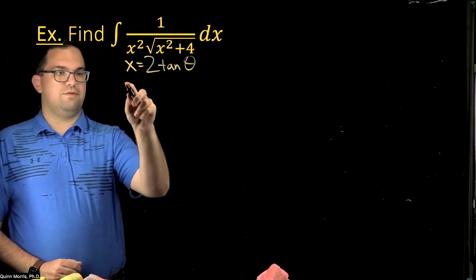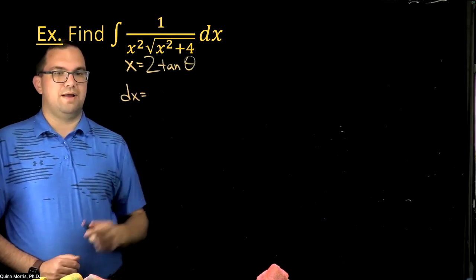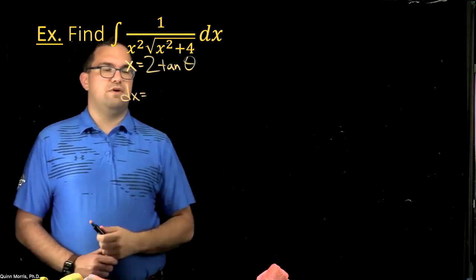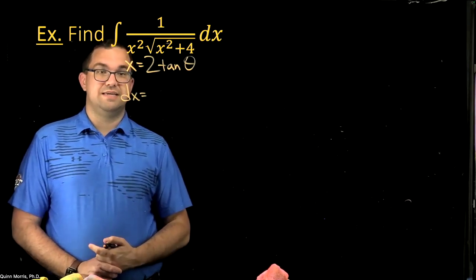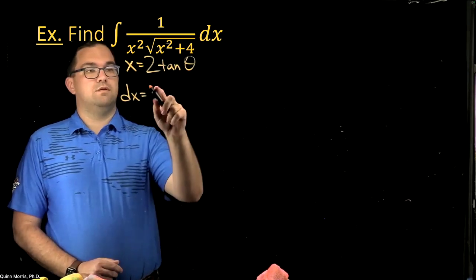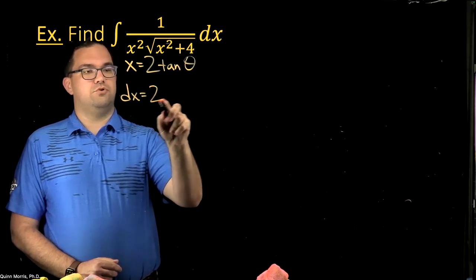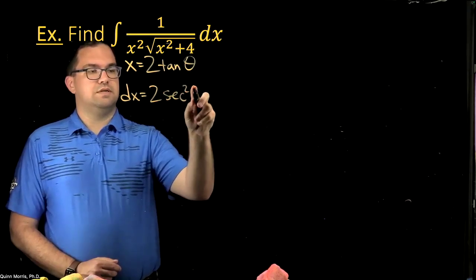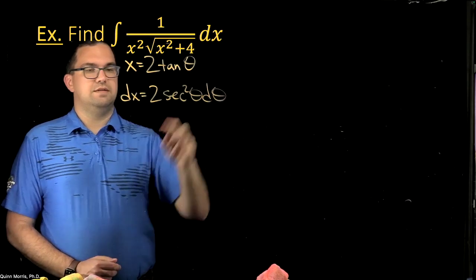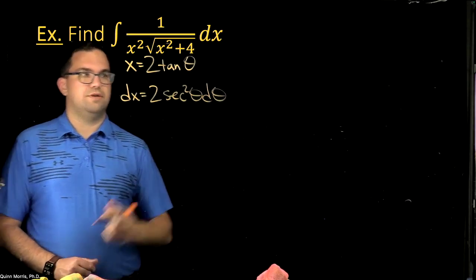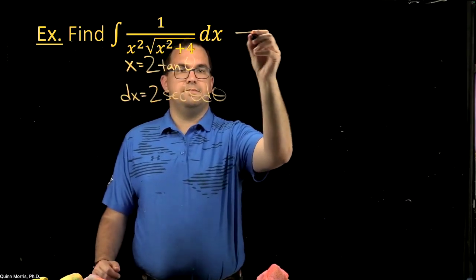And of course, I have to remember that if I'm changing my x, I'm also going to change my dx. The derivative of tangent of theta is secant squared theta. So we'll have 2 secant squared theta d theta in place of our dx. So now let's make the substitution.